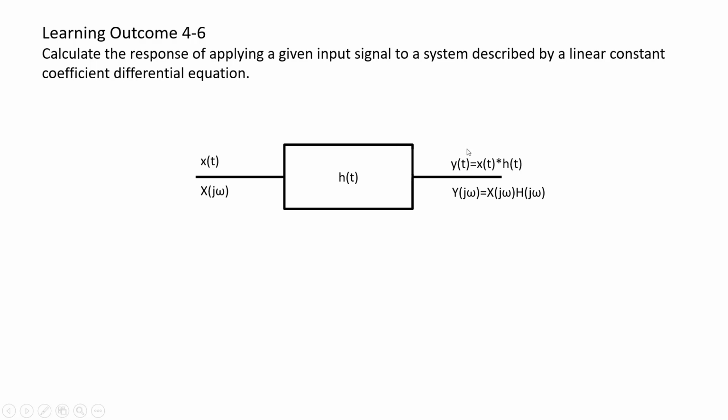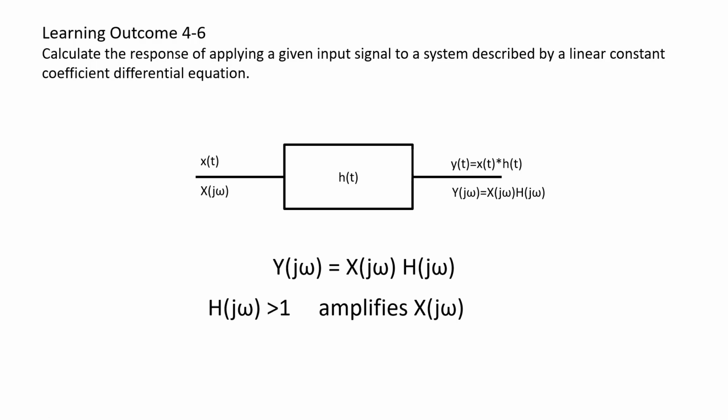In the time domain, we can calculate y of t as the convolution of x of t and h of t. And in the frequency domain, the Fourier transform domain, it is the product of the Fourier transform of x and the Fourier transform of h, where h is called our frequency response. This again says that our input at a particular frequency will be scaled by a certain amount depending on the frequency to determine our output.